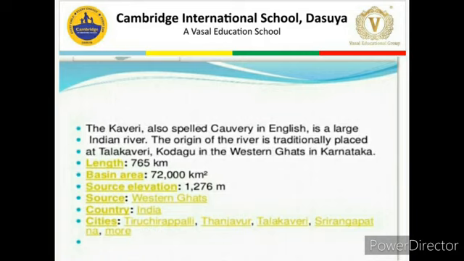The main tributaries joining the Kaveri river are the Hemavati, the Lakpavani, the Shimsa and the Arakwati on the left bank, and the Lakshman Tirath, the Kabni, the Bhavani and the Amarvati on the right bank.